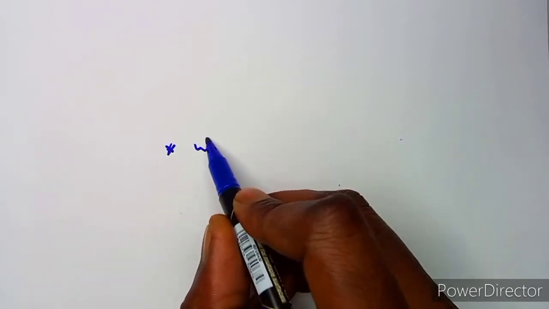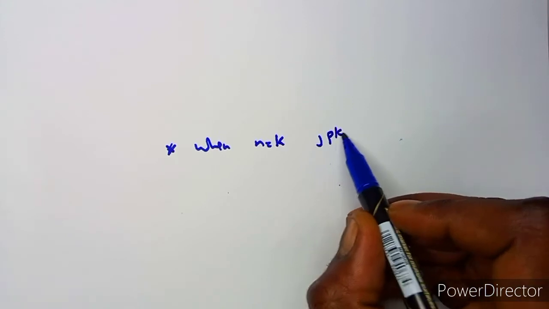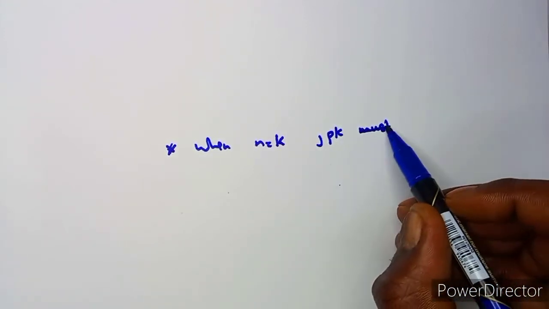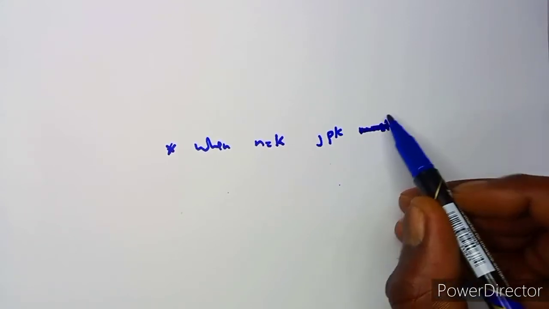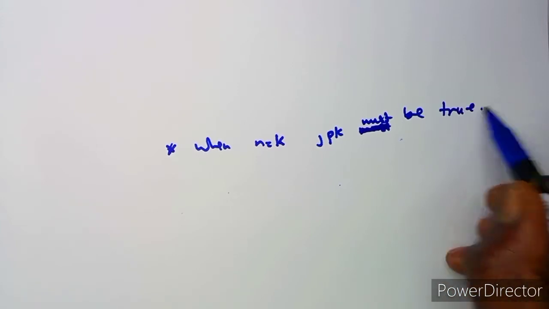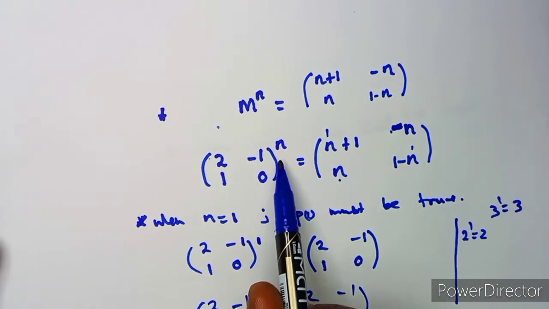Now we move on to say when n is equivalent to k, that means P(k) must be true, or let's just say it is assumed true. In place of k, I'm going to substitute now.